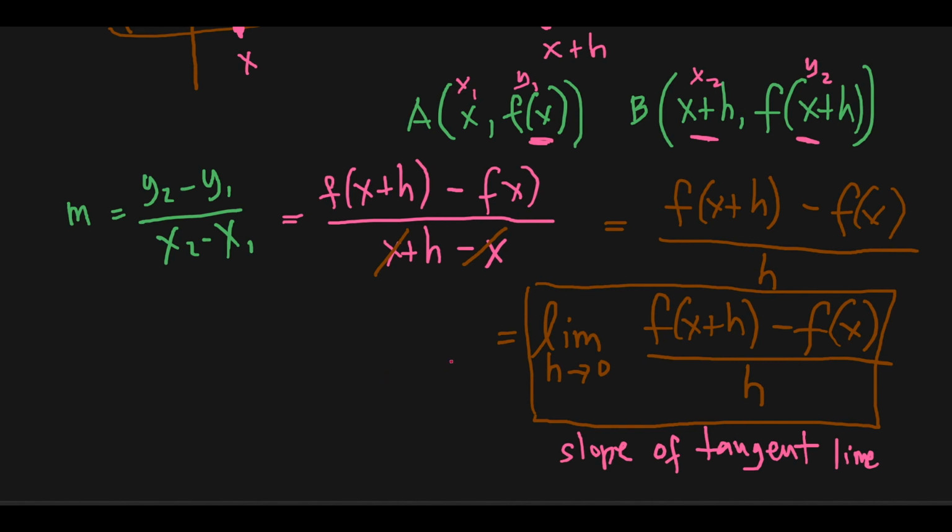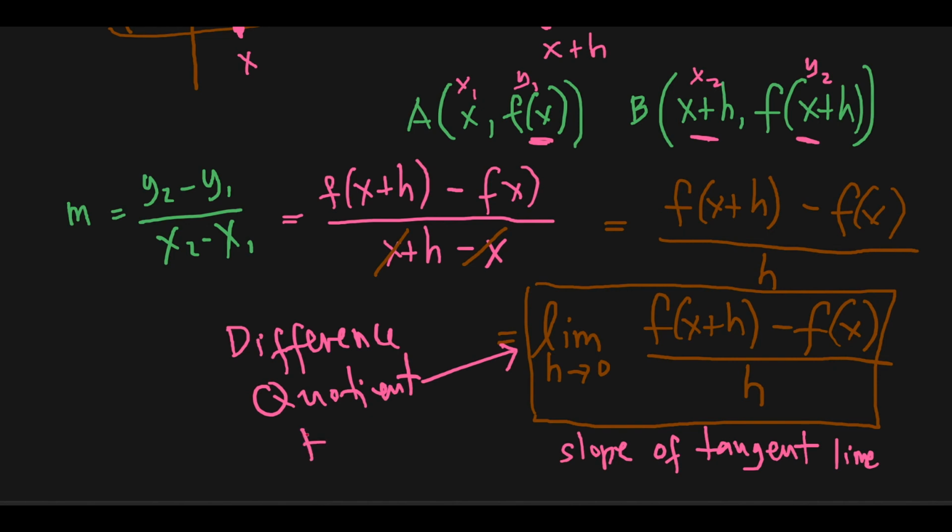So this part here is what we call the difference quotient formula. The difference quotient formula is very important because all of the other derivative rules in the future will be taken from this formula.